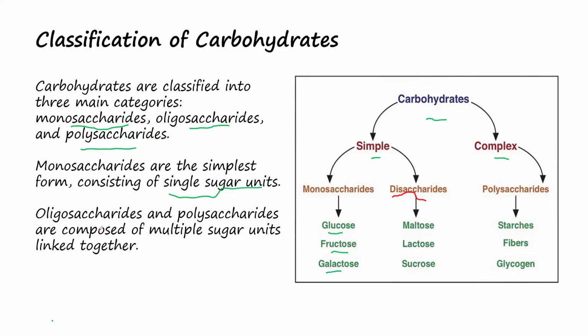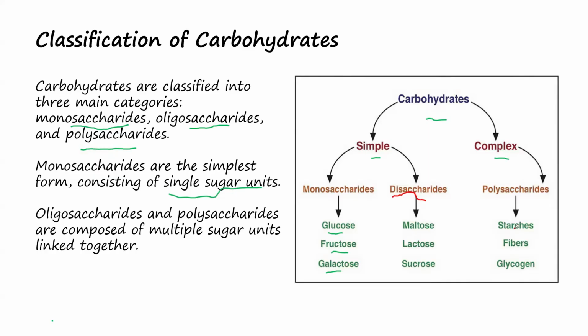And then, as we said, oligosaccharides and polysaccharides are composed of multiple sugar units that are linked together by a special type of bond called glycosidic bonds. So in the case of oligosaccharides, there are multiple single sugar units that join together.